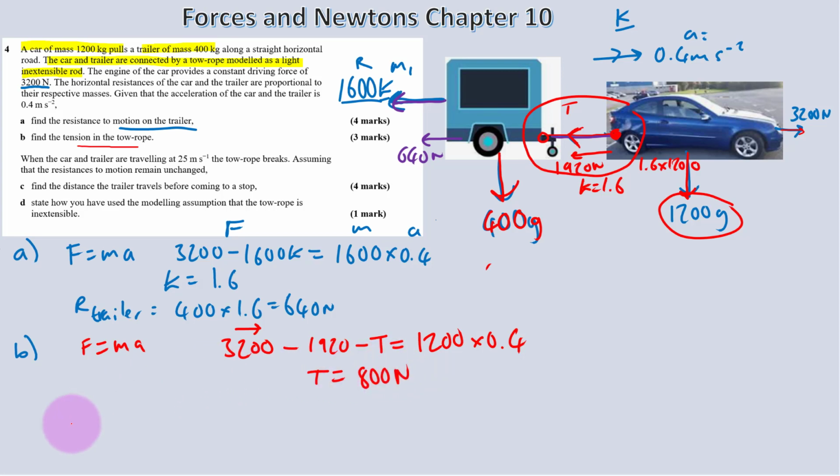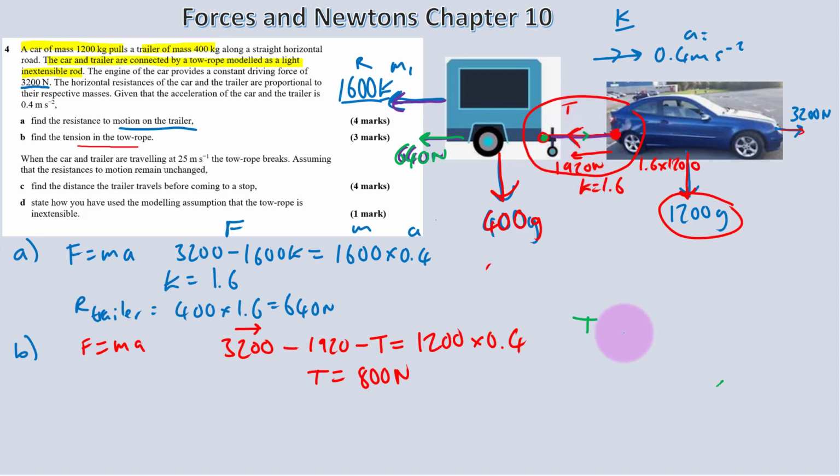Now, there's another way to look at it, and you can look at it in the context of the trailer. So the trailer is 400 times 1.6, so you've got 640 newtons here. Okay, so if you look at the context of the trailer, you would have tension, and we're looking at the trailer from the other perspective.